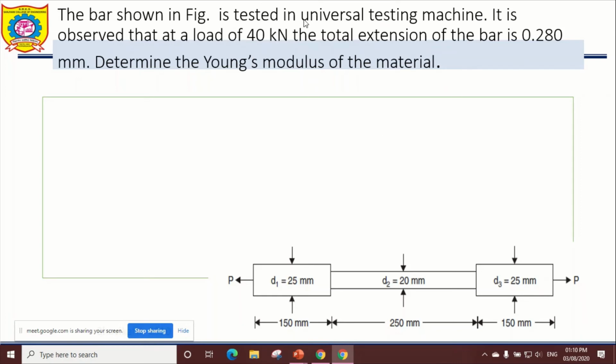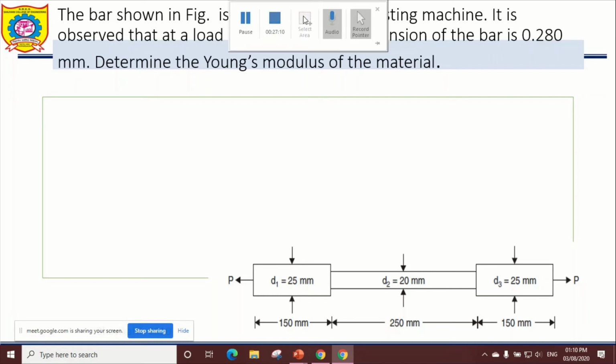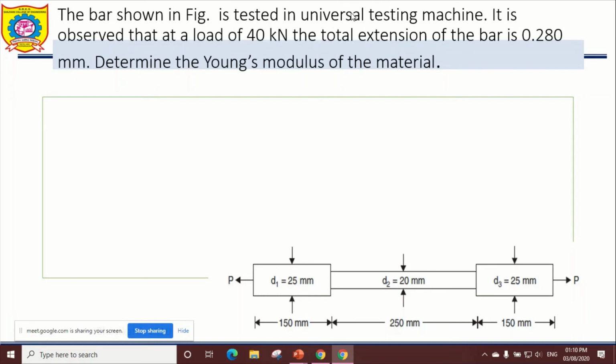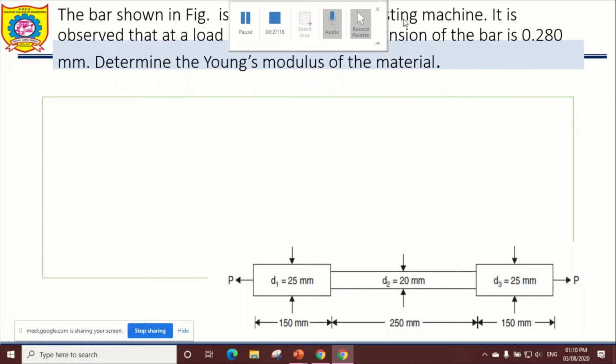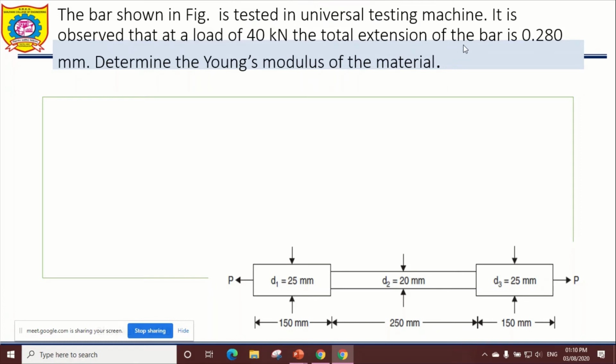We have conducted one practical on it in the virtual lab. That machine is called the universal testing machine or UTM. UTM is the name of that machine.